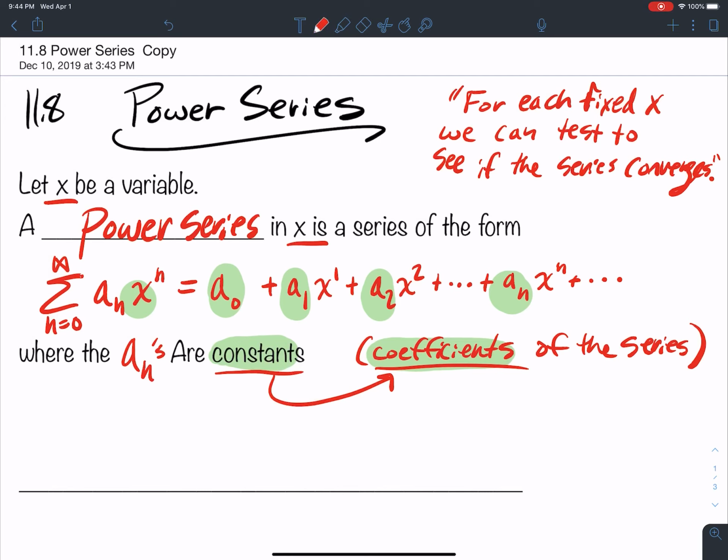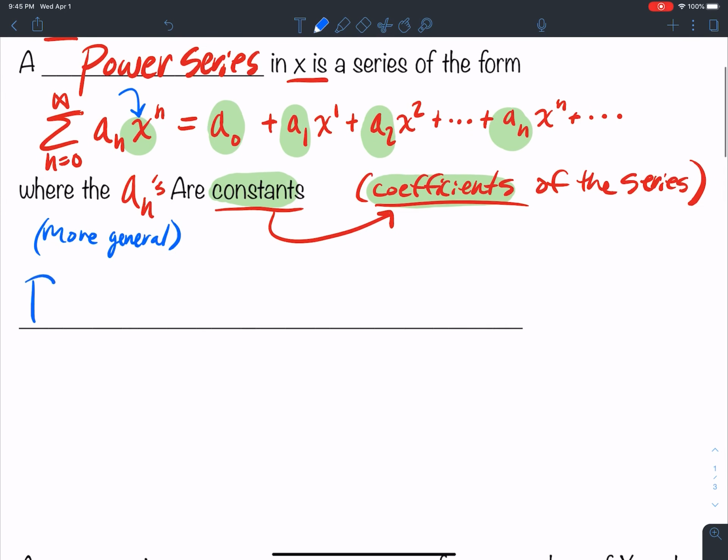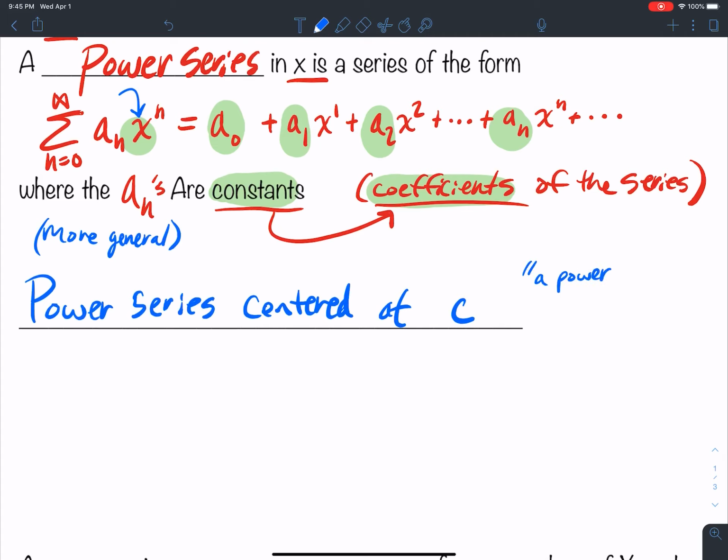So if we do a more general approach, instead of being centered at 0 like we are here, I'm going to say a power series centered at c, so some number c. This is thought of as a power series in x minus c.